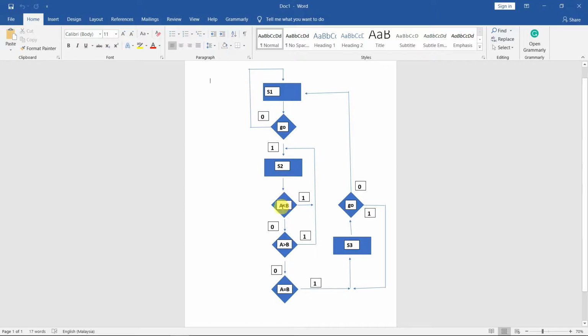It checks in the decision box whether A is less than B. If yes, then it goes back. If A is not less than B, then it goes here, and if A is greater than B it goes back. So in state 3 there is another decision box. If go is still high, it remains in this state; if go is 0, it goes there.